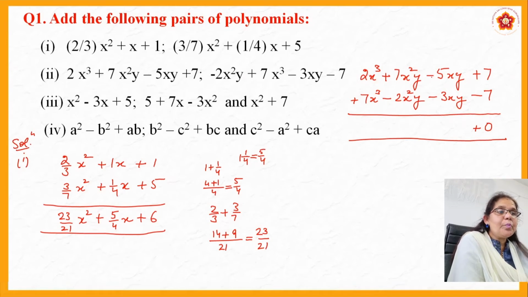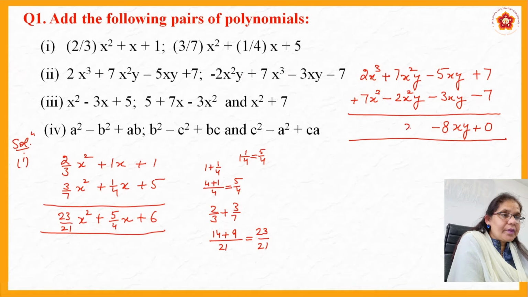Now you see minus 5 and minus 3. What is minus 5 minus 3? Coefficient we are going to find out by solving it. Minus 5 minus 3. Variable will remain xy. In this term variable is xy. So it is minus 8. Minus minus gets added up and the sign which will come here will be negative sign.